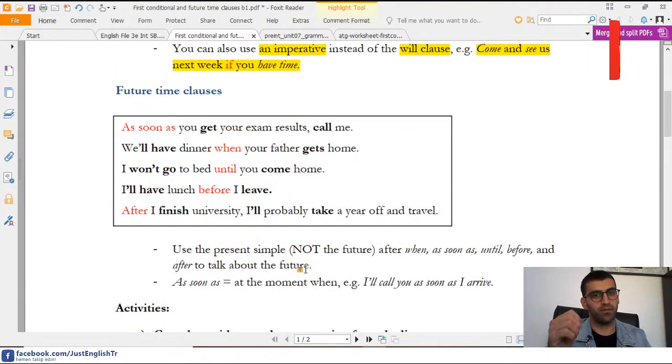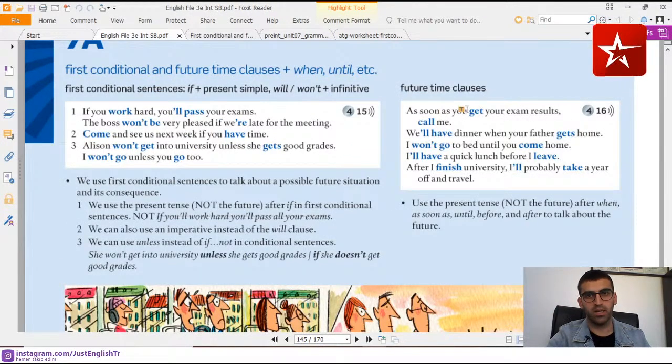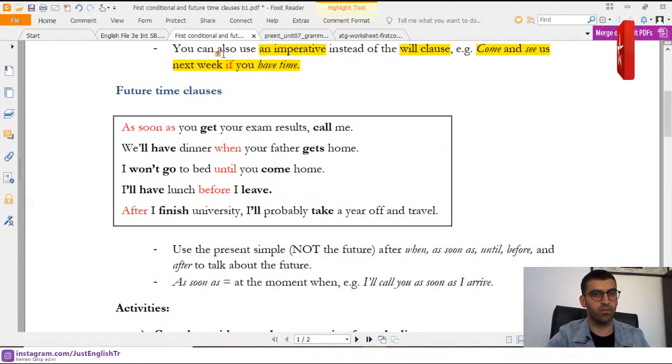And future time clauses. We have future time clauses such as soon as, before, after, when, and also until. So right now we will be talking about them. Like, as soon as you get your exam results, call me.